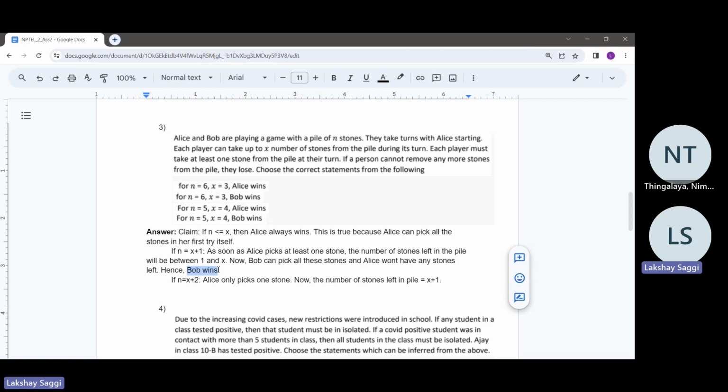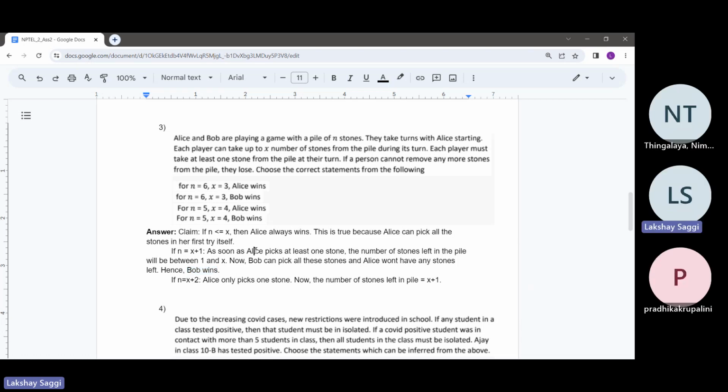But this was based on the fact that Alice picks first, right? If the number of stones was x plus 1 and Alice was picking first, then Bob wins. So there were x plus 1 stones, Alice was picking first and Bob was winning. But now in this case, Alice has already picked one stone.